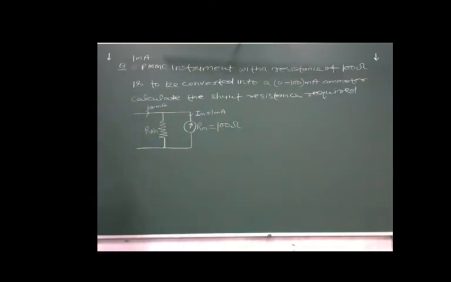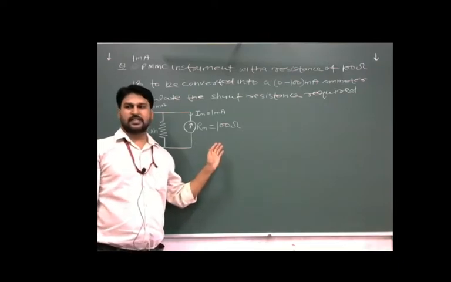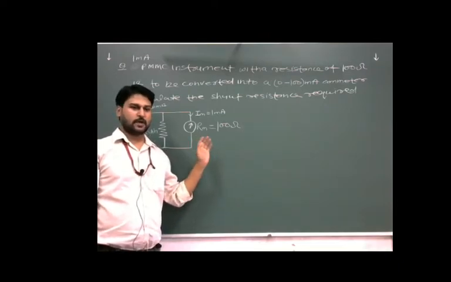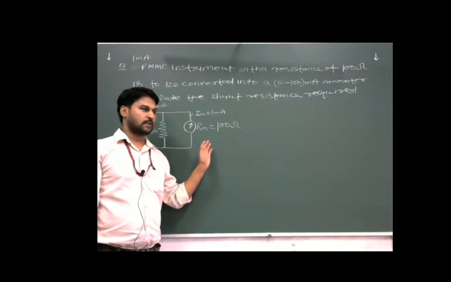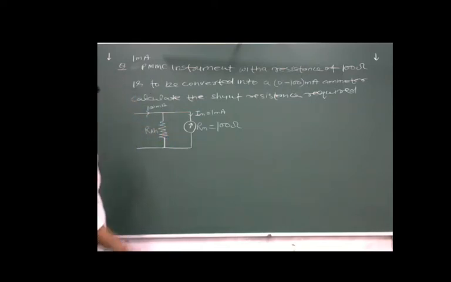What we have to find out is the value of RSH. If you have seen the procedure earlier in the discussion of the PMMC ammeter design, the process of conversion, you can easily find out the value of RSH. How?